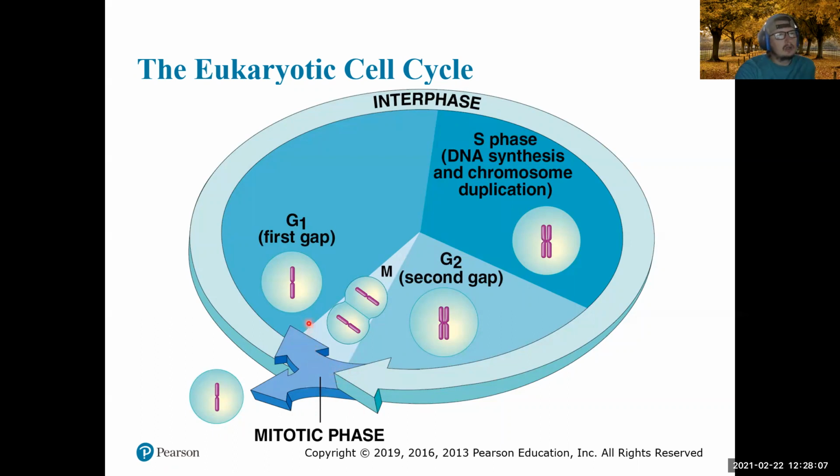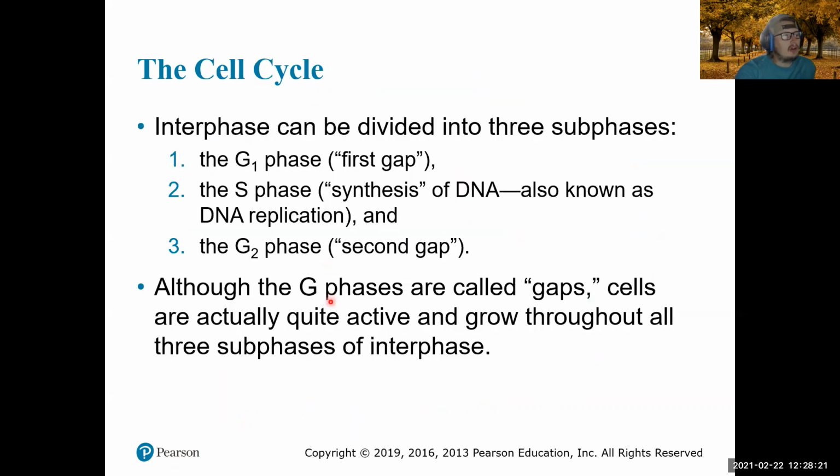And so with these phases here, your cells, remember, are really active during interphase and during those three phases. Okay. And so even though the G phases are called gaps, those cells are still active, they're still growing, and there's a lot going on within those two G phases.